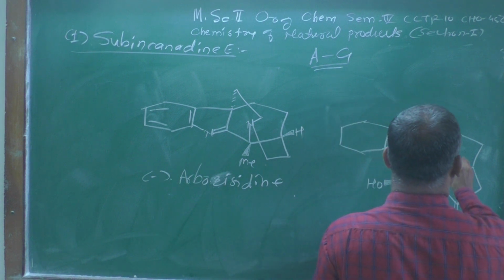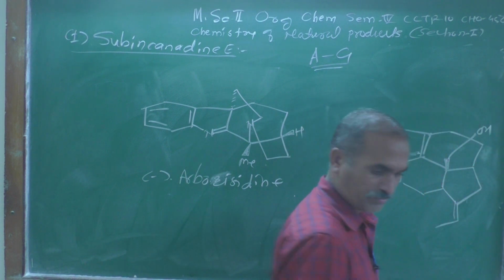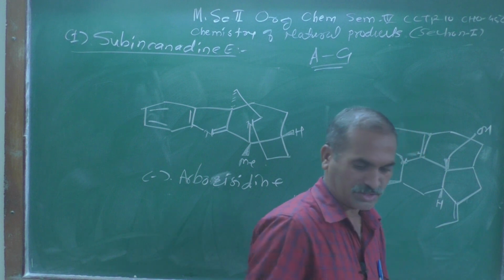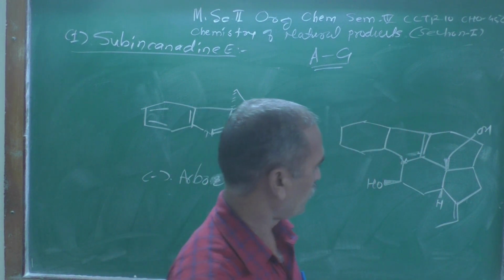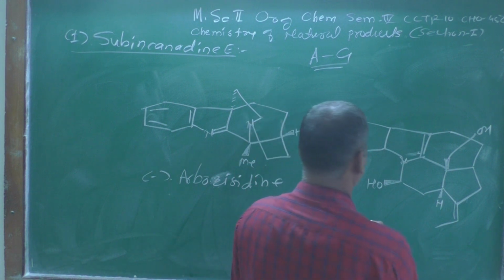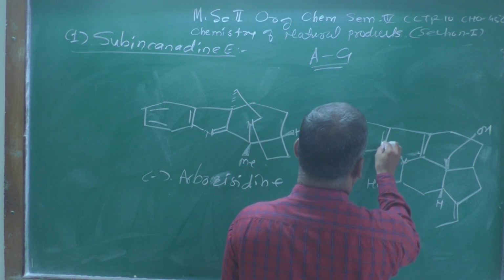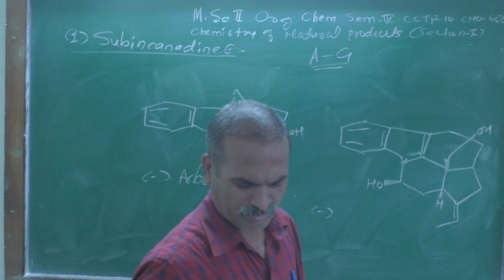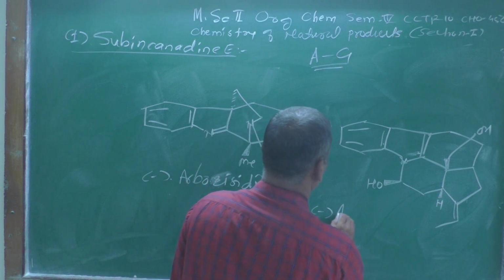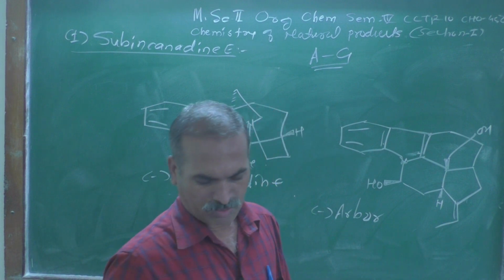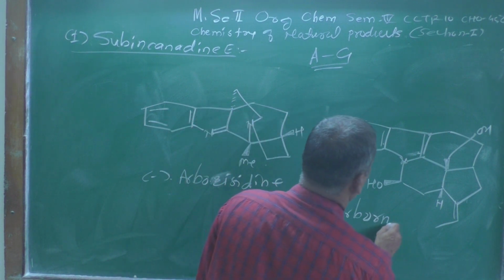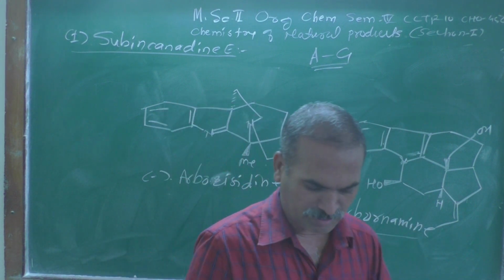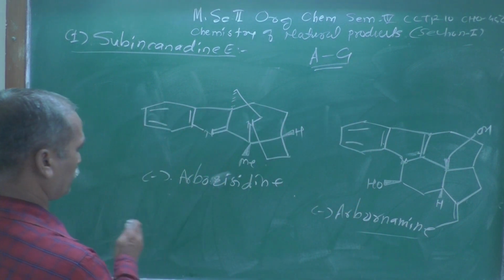At this junction there is a hydroxy group above the plane. Here the hydrogen atom makes a cis junction, and here is a double bond, and this is the structure. The name of this structure is minus arboramine. And this is figure number 2.